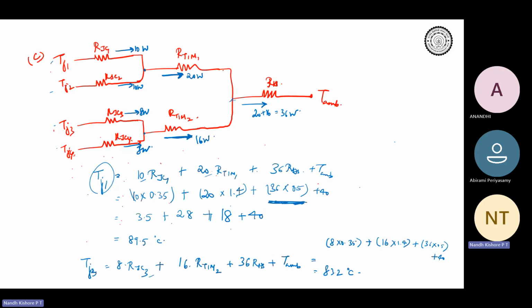So for a given operating condition, we saw how to calculate the junction temperature. We modeled the equivalent thermal resistances and drew the thermal chain. And if we know the loss in each device, from that we can extract the junction temperature. So this helps us design efficient heat sinks for thermal dissipation.